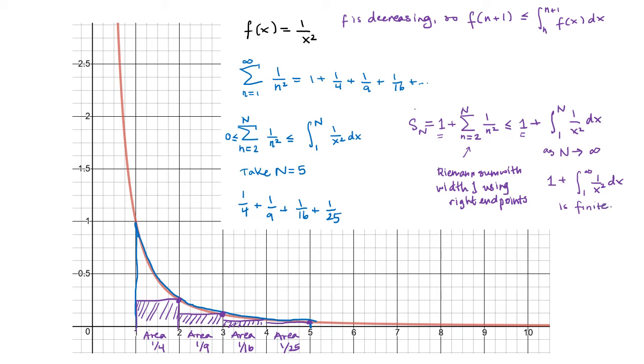So S capital N is some bounded increasing function. And so from our sequence section, when we said that bounded monotone sequences always converge, we know that the limit as capital N goes to infinity of S capital N exists and is finite.